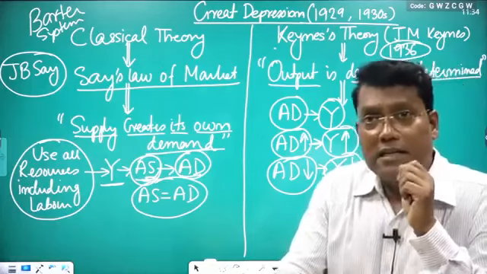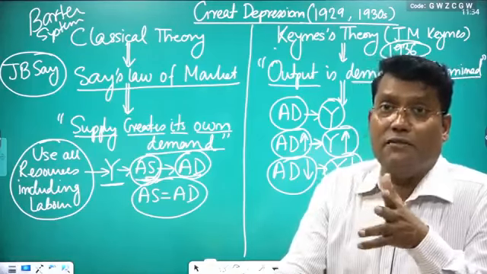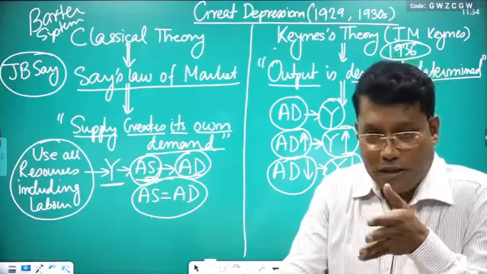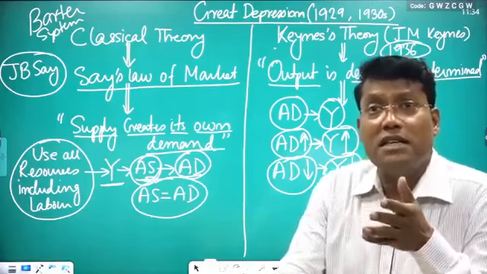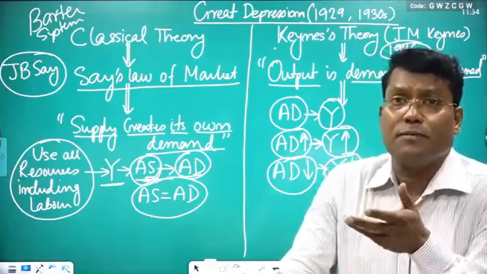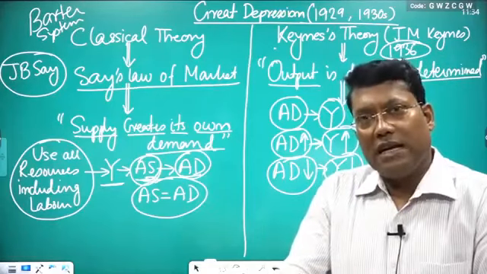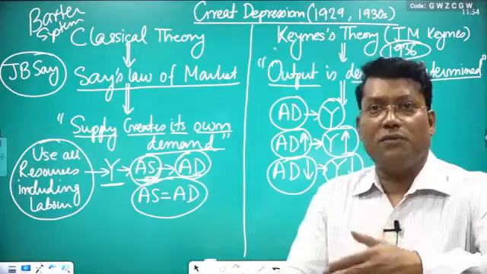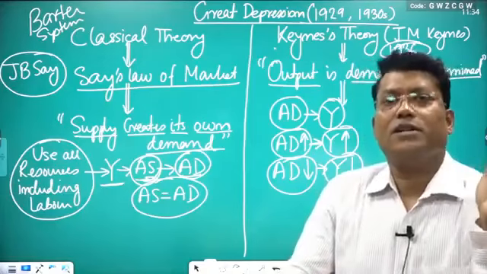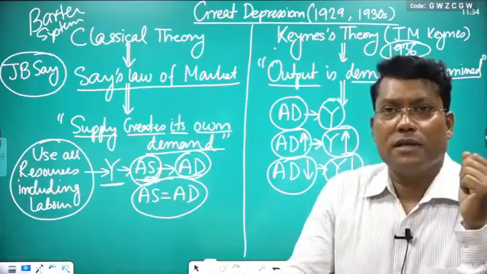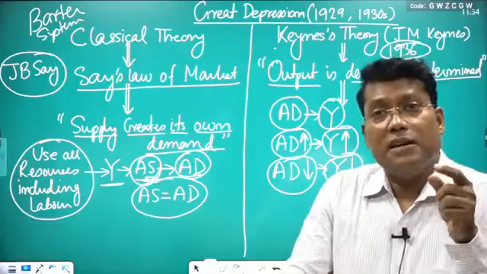In practical life, we need so many things, and all things we can't produce. So I will produce rice, keep a part of that, and exchange the rest with the other products that you are producing. It's very necessary. Number one.